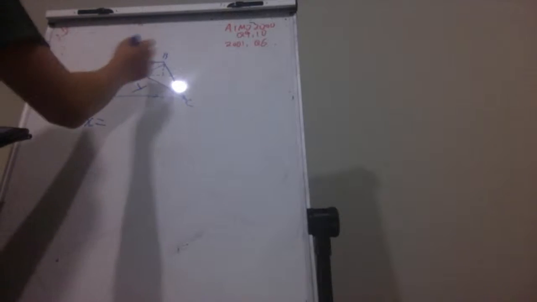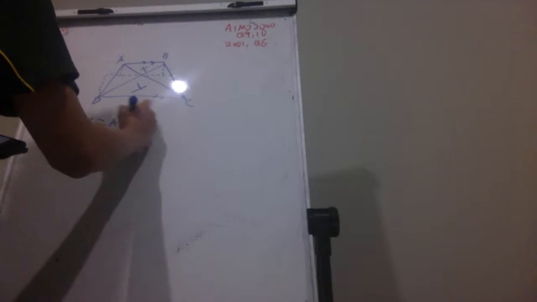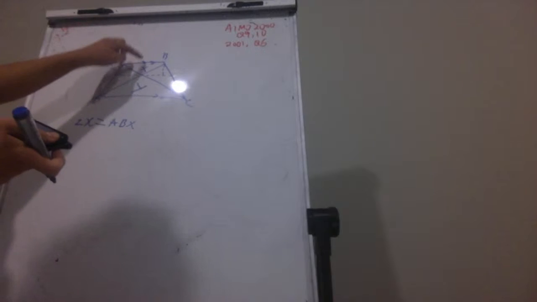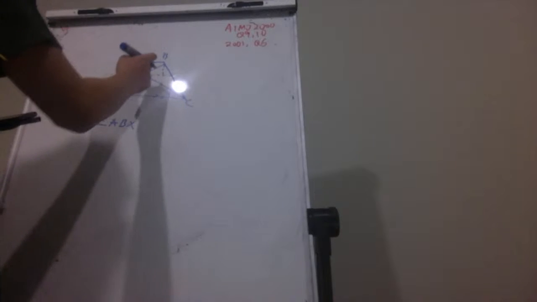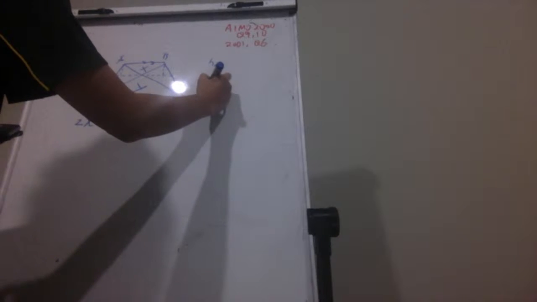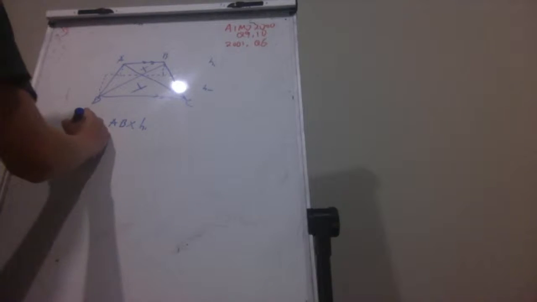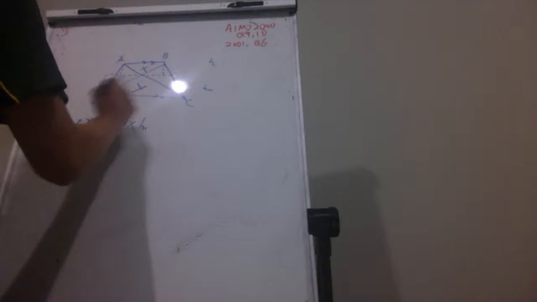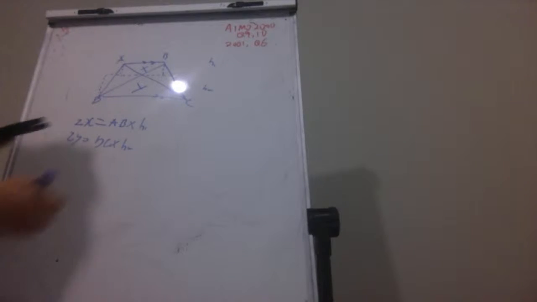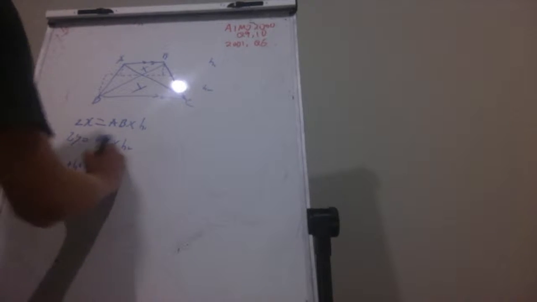That is equal to AB multiplied by the height. Let's call it h1 and that h2. So 2x is AB times h1, and 2y is equal to DC times h2, where h1 plus h2 is equal to the height.